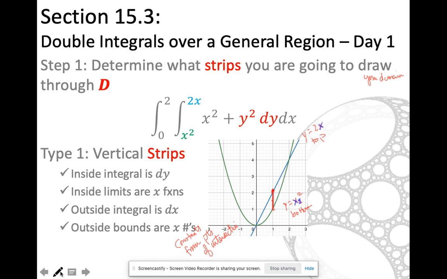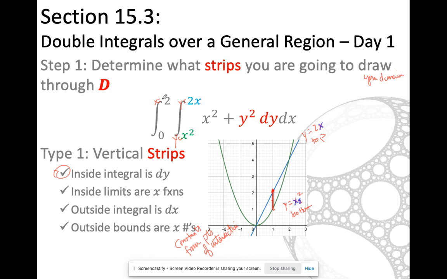So here's what that looks like. I split up my double integrals. I don't have this d anymore. Because I drew a vertical strip, I did dy dx, right? dy was first. That means my inside limits are functions in terms of x. So I like to think of it like this. This is y equals 2x and y equals x squared.